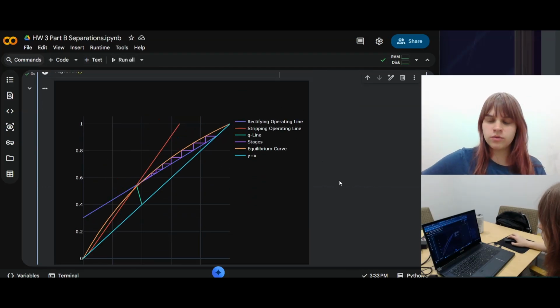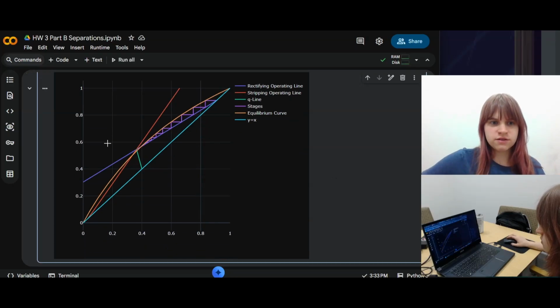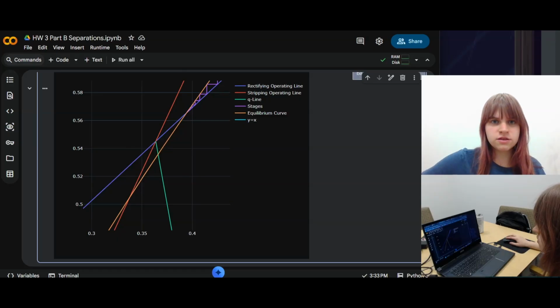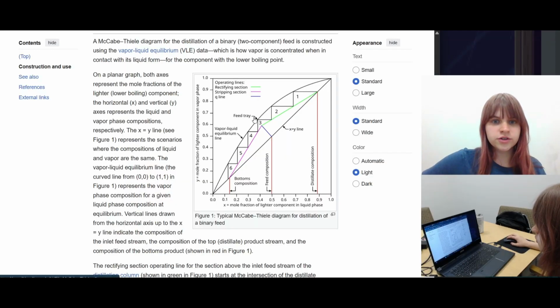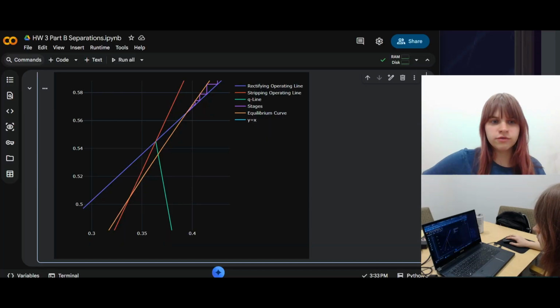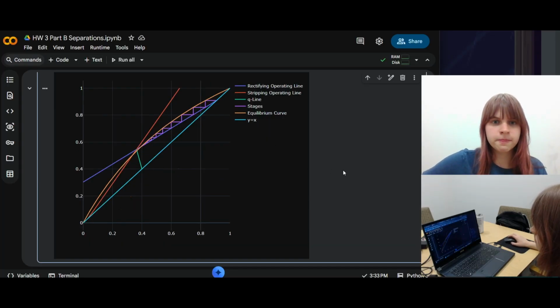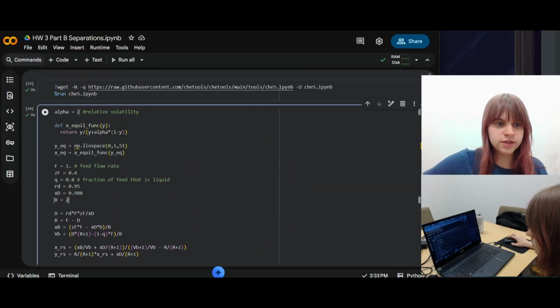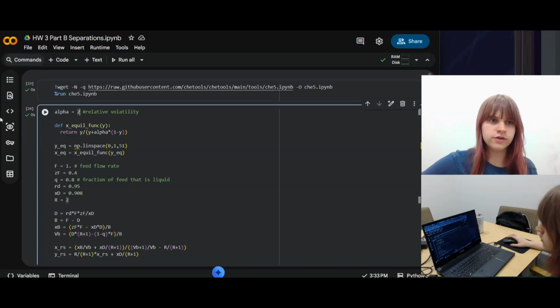All right, so what we got here, first glance, you see this and you're like, that doesn't look right, because these aren't underneath our curve. They aren't underneath the equilibrium curve. And that is because of what we did with our chosen values.